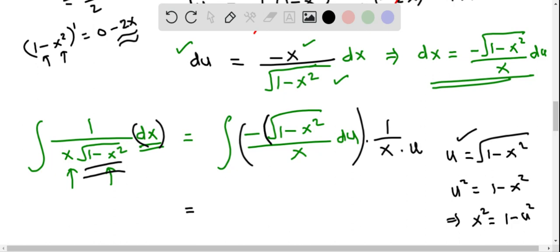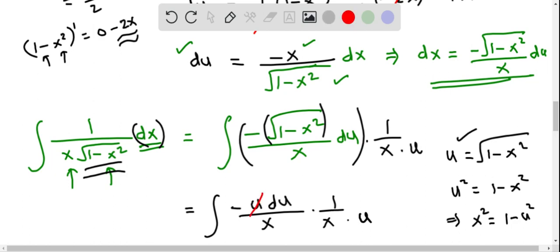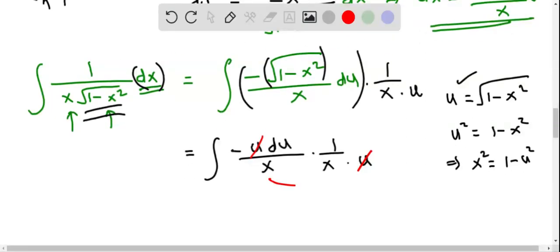As you can see, this expression, under the root of 1 minus x squared, can be replaced as u. So I'm going to rewrite this integral as negative of u du over x, and then we have 1 over x times u. We see that we can cancel this u with this u, and finally we have only x times x, which is x squared.